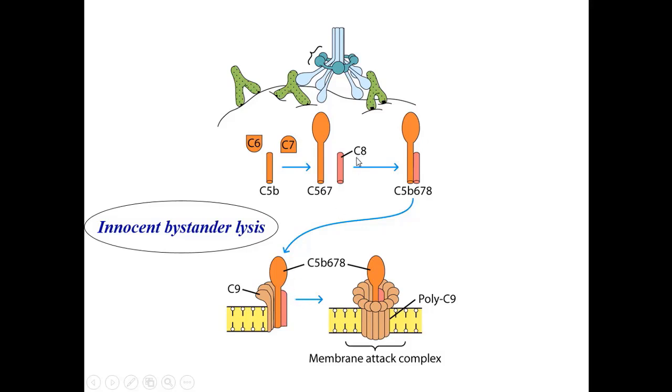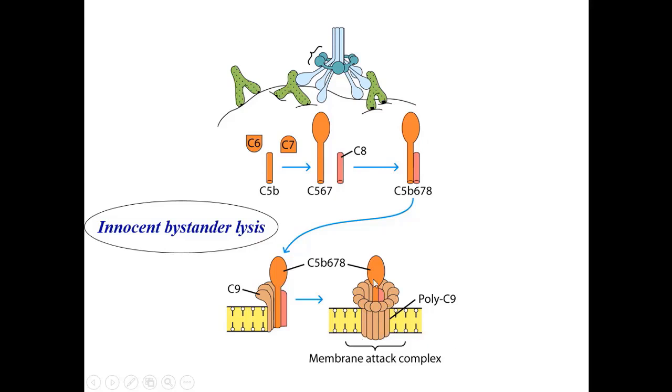And after then C8 again binds to C5b67, and again here C8 also undergoes conformational changes, and the hydrophobic moieties are exposed on the surface, and again here C8 can insert into the bilayer cell membrane more, and after then 10 to 17 molecules of C9 polymerize around the C5b678 and form a big hole in the bilayer of the cell membrane.